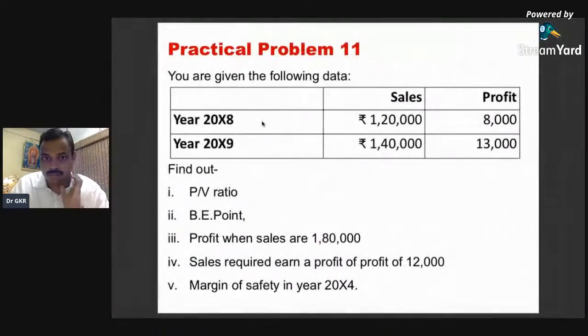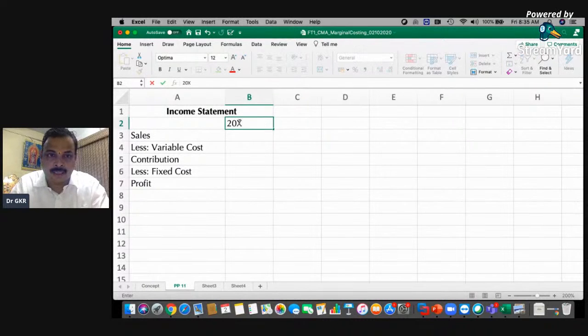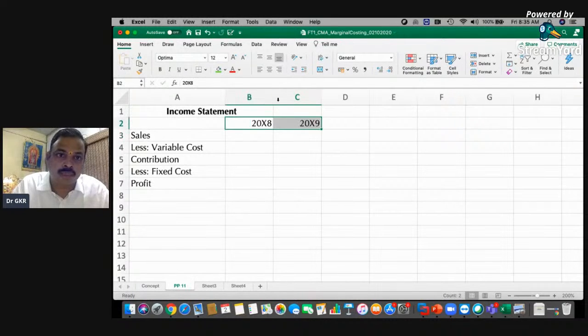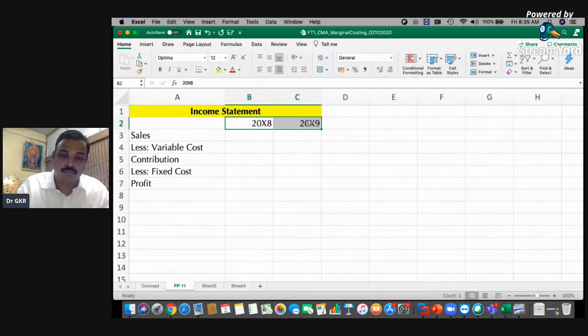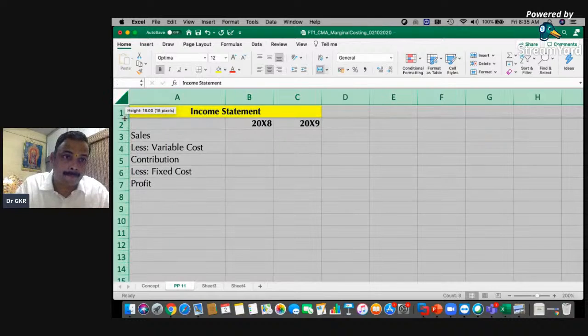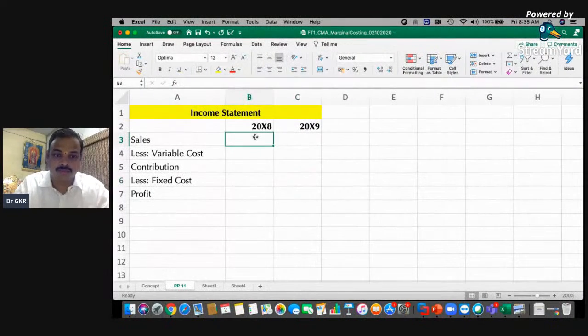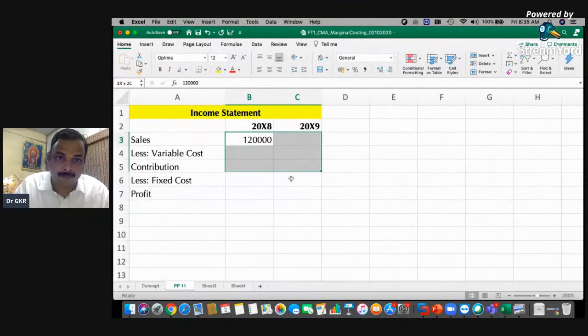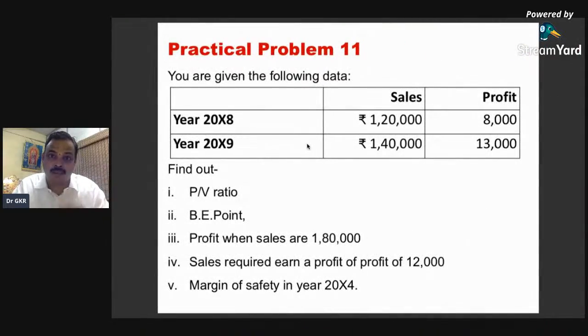These are the 2 years that have been given to us, 20X8 and then 20X9. Now let us understand this slowly. What is your sales? 1,20,000. And for 20X9 it is 1,40,000.